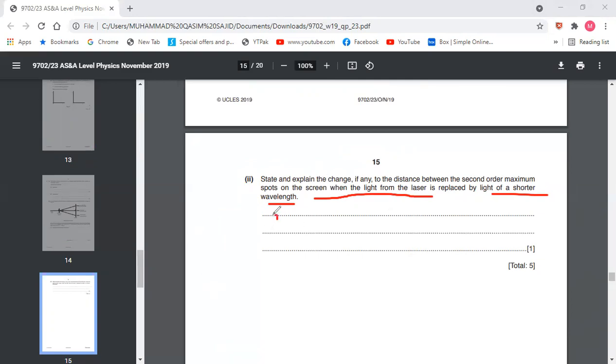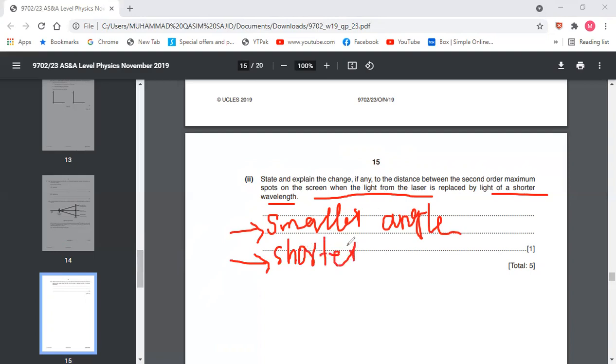The angle must be smaller. These are the two points: smaller angle and shorter distance. Is this clear? Yes, sir.